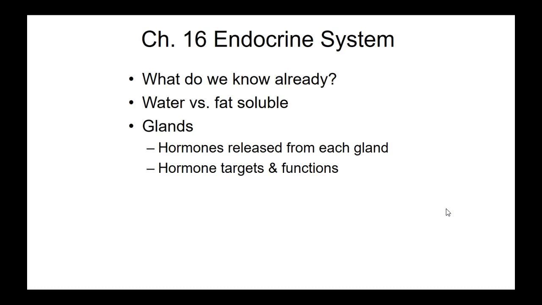In order for a cell to respond to these chemical messengers, what does it have to have? Receptor, exactly. Absolutely. A receptor. And so here, with autocrine, the cell that secretes the chemical messenger also has the receptor for that chemical messenger.